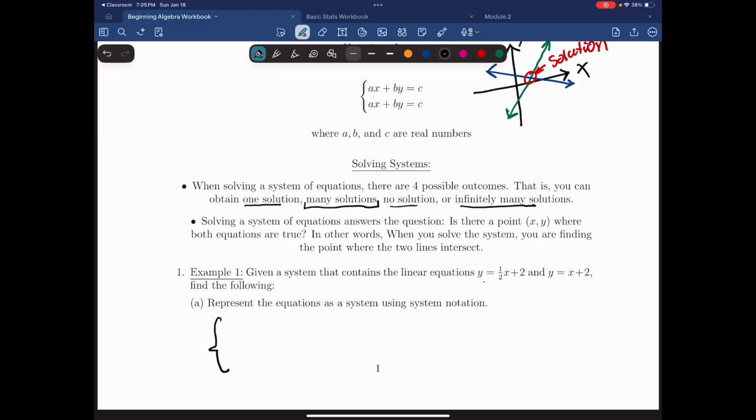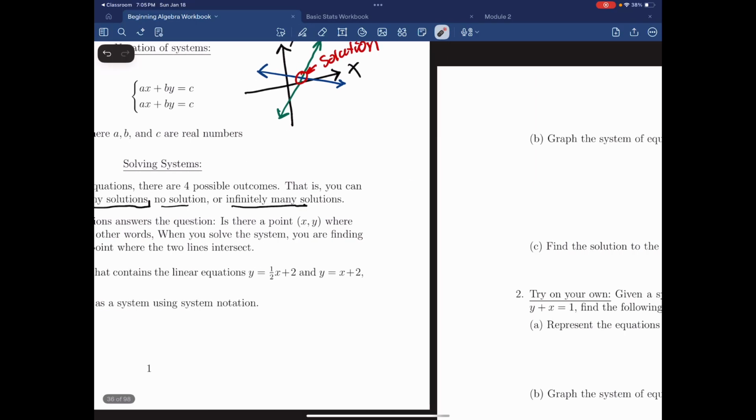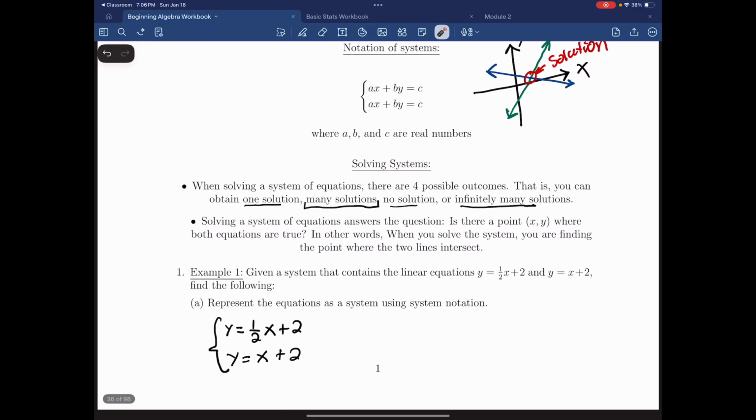Specifically in this example, we have equation 1, which is y equals 1/2 x plus 2, and the other equation, which is y equals x plus 2. And that's it. This represents the system of equations using system notation. Now for part B, we're asked to graph the system of equations.